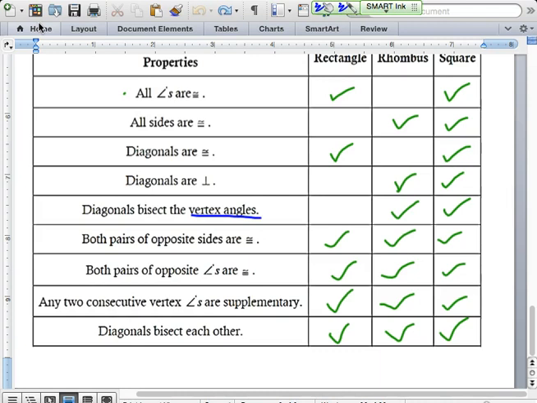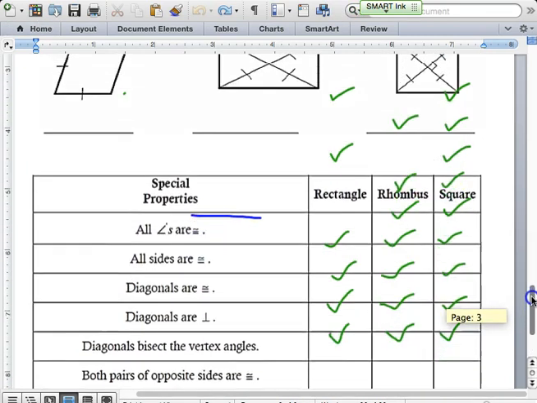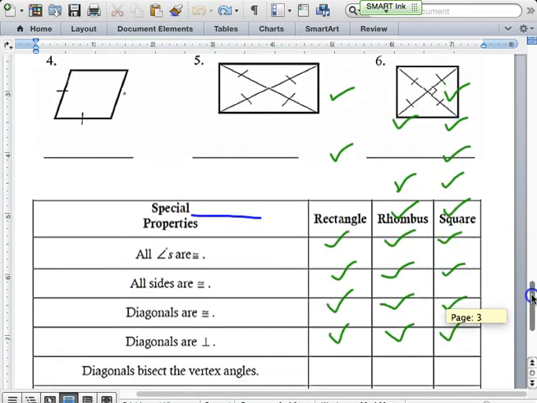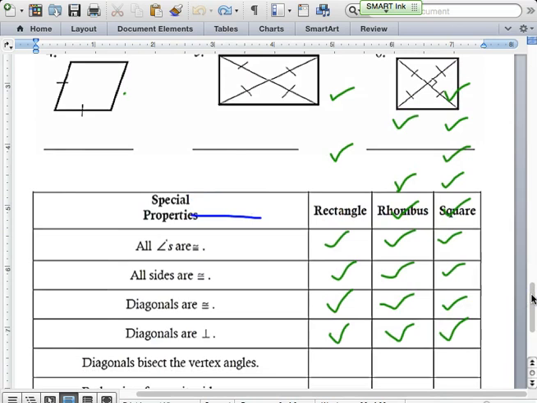Let me go back to the picture real quick. Diagonals bisect vertex angles. So right here, if this is your diagonal, what this is saying is these diagonals cut this angle into two equal pieces, and they cut this angle into two equal pieces.